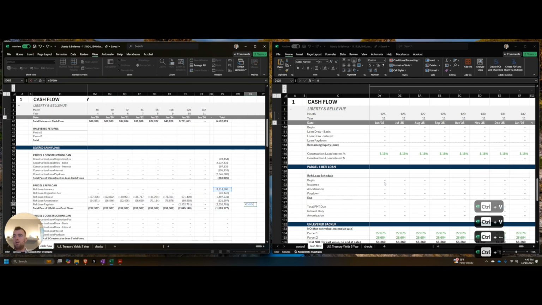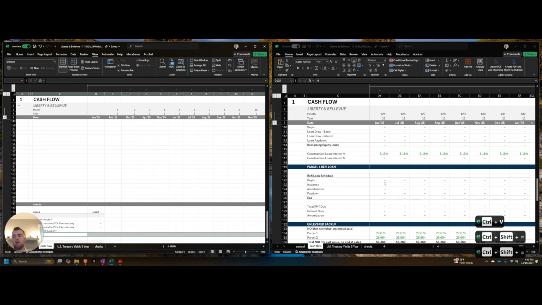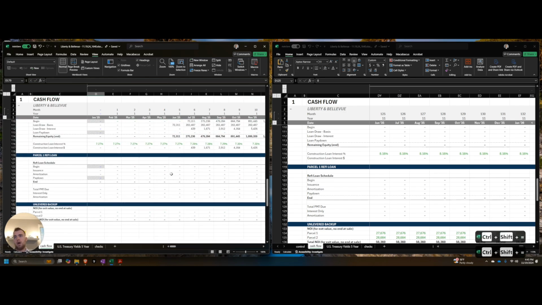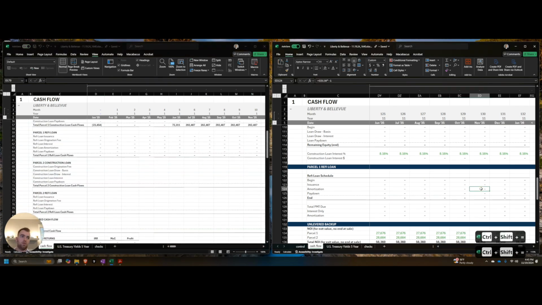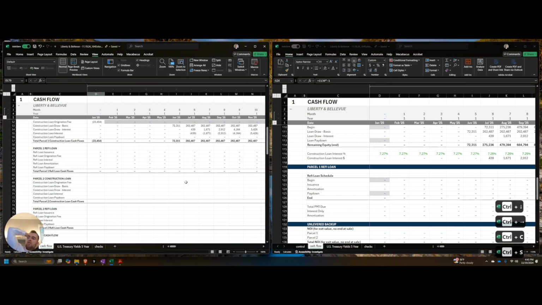And then issuance plus amortization plus pay down should always equal 0. Parcel 1 refi paid off. I don't really need to do this. I'm just showing you that because I already have the visual check that this ends at 0. It's good to build these checks in.